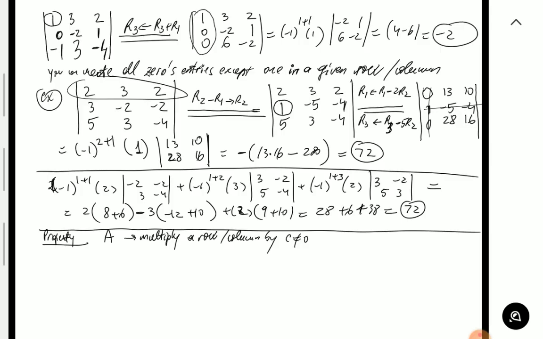Then the determinant value is multiplied by that entry. So the new matrix B determinant is going to be C times the determinant of the original A.